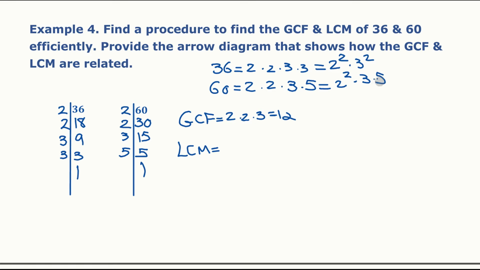So for the LCM, what you're going to do is pick the highest power of every factor that you see and multiply them. So we're going to get 2 squared times 3 squared times 5. And that's going to be 4 times 5 is 20 times 9 is 180.